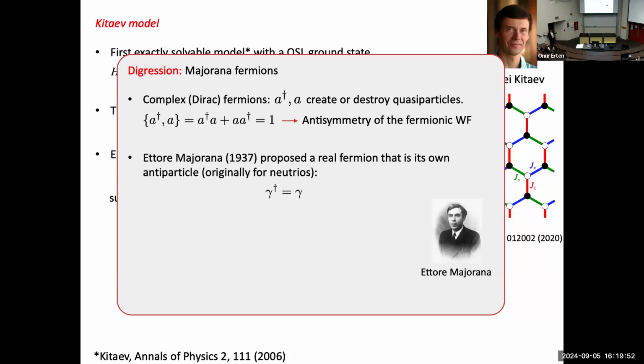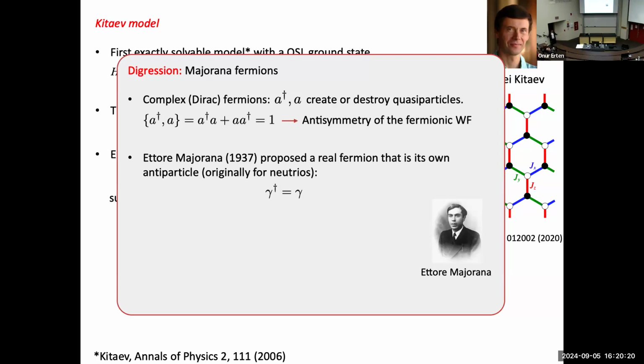And in 1937, Ettore Majorana, an Italian physicist, predicted that if you have a real fermion, meaning that it's equal to its Hermitian conjugate, where the particle is equal to its antiparticle, then the particle cannot have any mass.